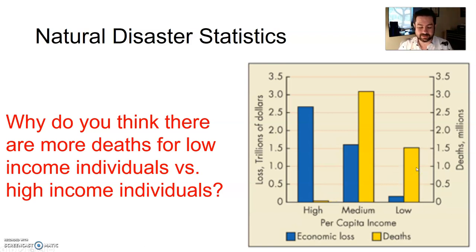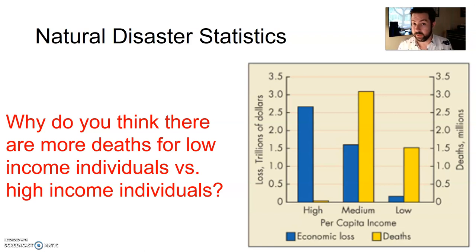Well, if your country's a lower-income, third-world country, I hate to use that term, that means there's probably less infrastructure, less code, so stuff is not built as safe. So there's a higher likelihood for you to die.